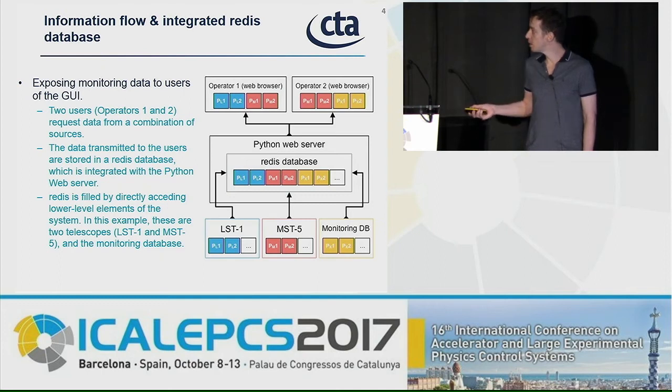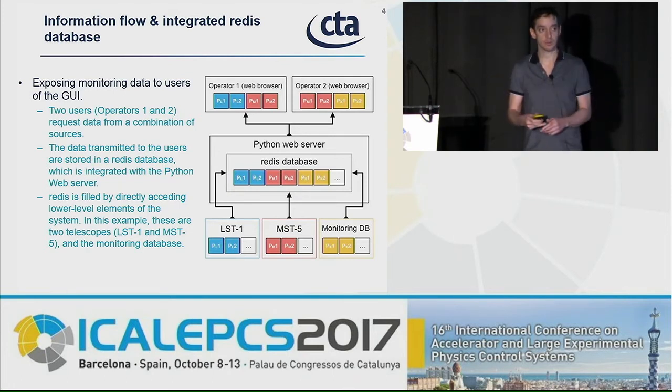The information percolates upwards into the database on demand whenever at least one user requires this specific data point. It's stored there for a while, and then different users only connect to this Redis database, and they don't see what happens behind the system. So we factor out a lot of the complexity in this way, and this could help different panels work together without overloading the system too much.